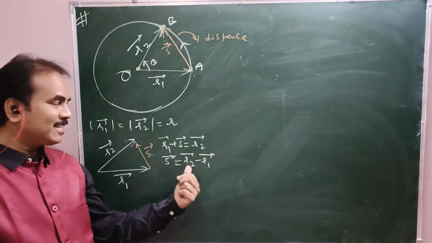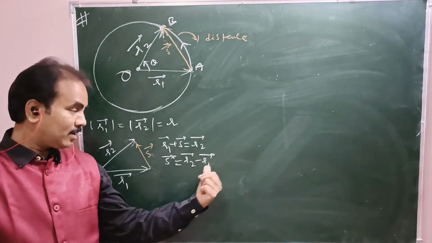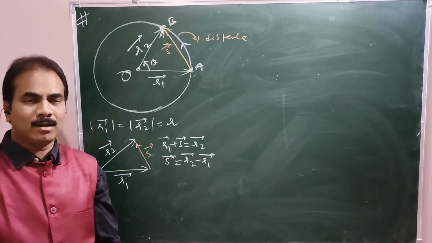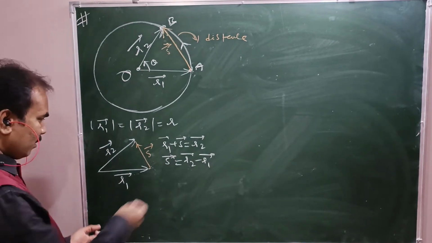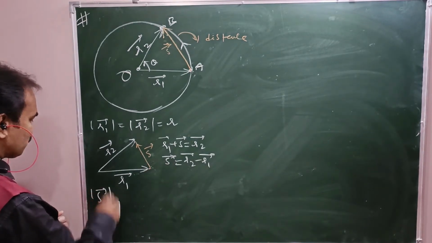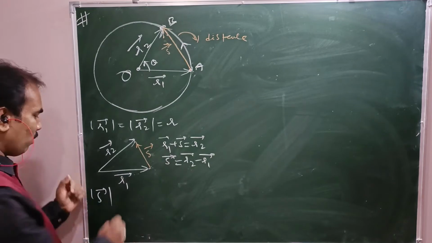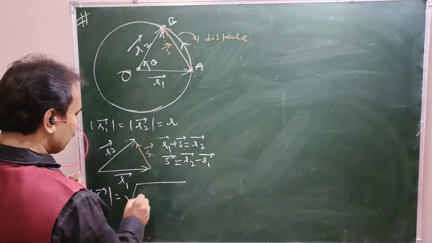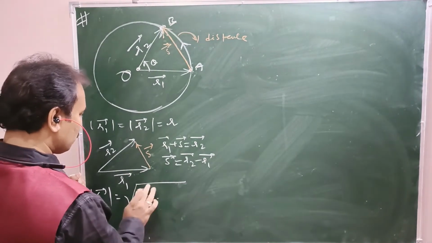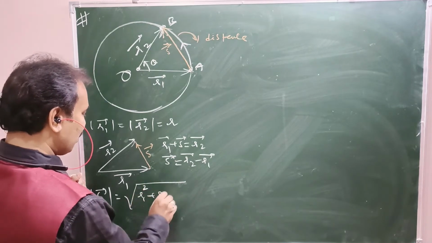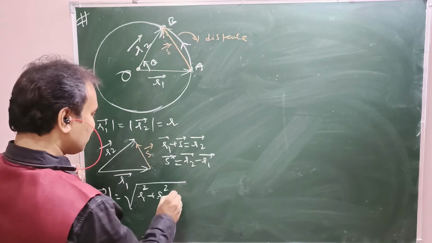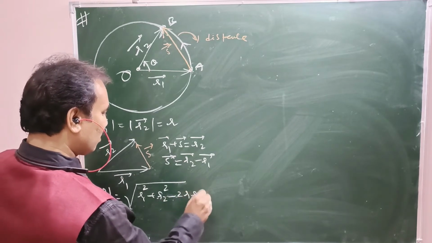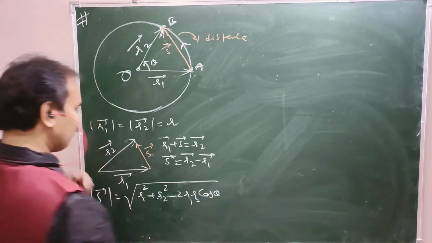In fact, this is the difference of radius vectors, right? As per the parallelogram law of addition of vectors, if I take the modulus of S bar, mod S bar, that is the magnitude of displacement, equal to root over r1 square plus r2 square minus 2 r1 r2 cos theta by definition.